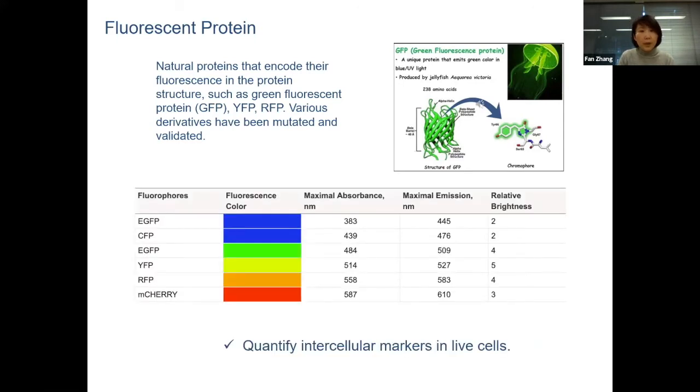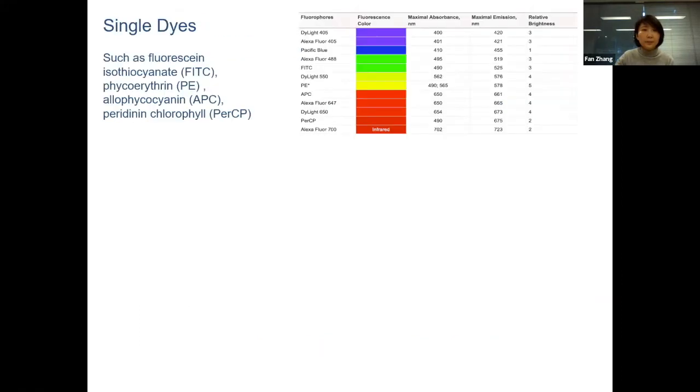We have many fluorescent proteins with different colors to use in flow cytometry. Use of these fluorescent proteins allows us to quantify intracellular markers in live cells.